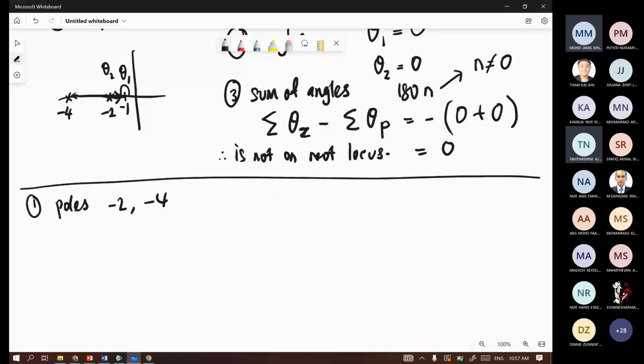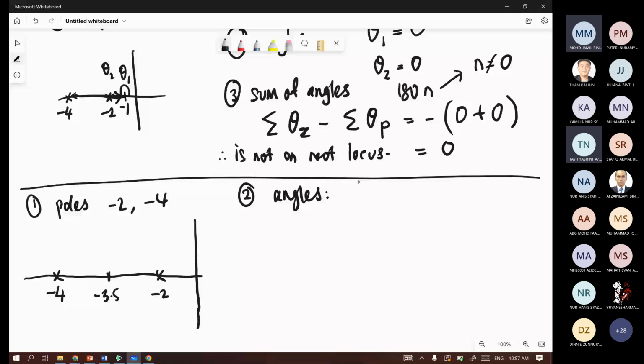Again, let's redraw the s-plane. Firstly, we need to find the angles. The angle from -2, measured from here to here, is theta 1, and from -4 is measured here.